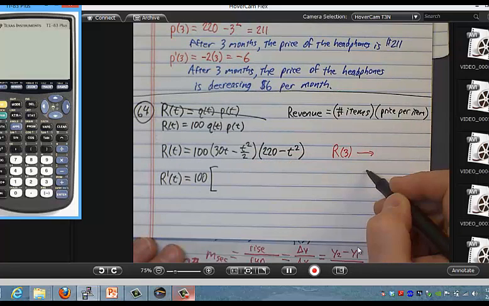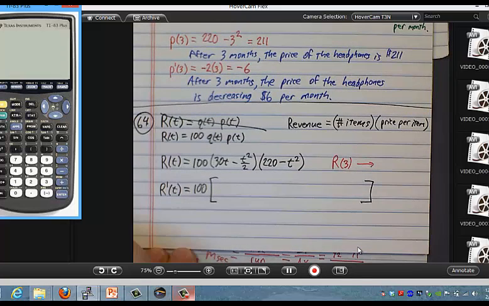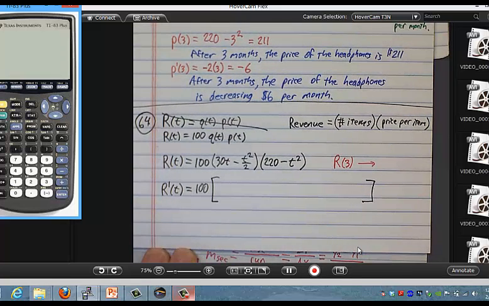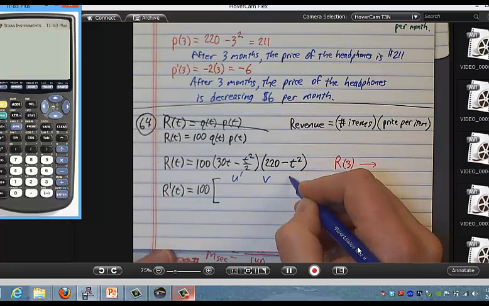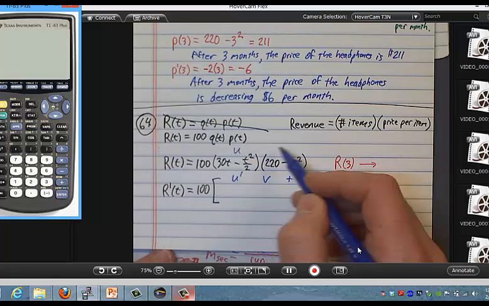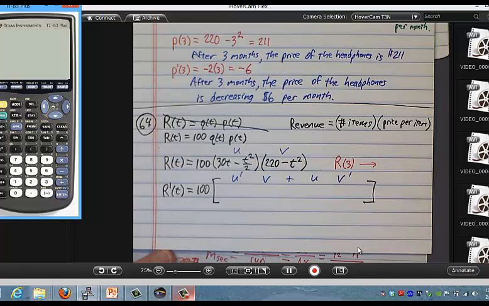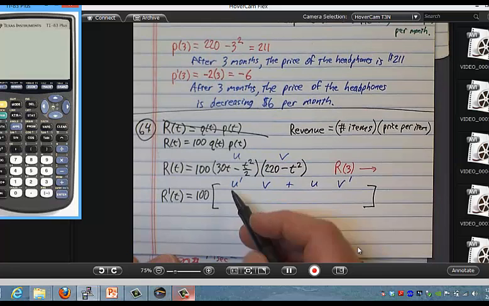And then what I'm going to do here in the brackets, well, I'm going to do what I just taught you, the product rule. We're going to do U prime V plus U V prime. And again, this is my U and that's my V. So where it says U prime, that's my Q prime, really. Q prime P plus QP prime, huh?